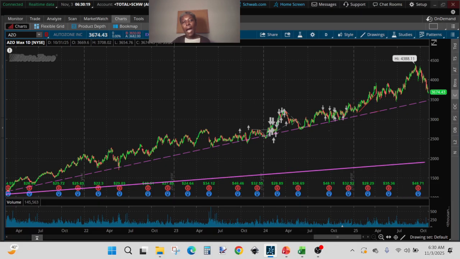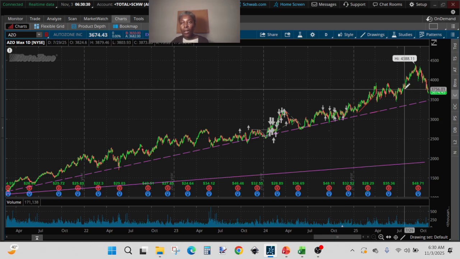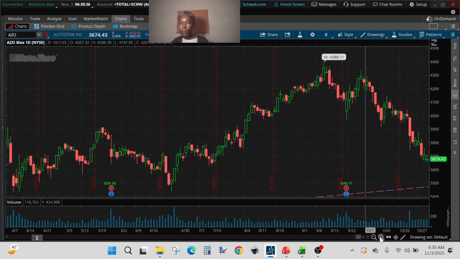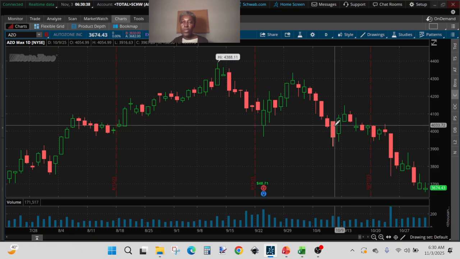So that is how I try to swing trade, determining my entry point and my exit point without using technical indicators other than the chart. And the chart is a candlestick chart, and every single candlestick is a day time frame on the chart. We use the maximum daily chart for it.